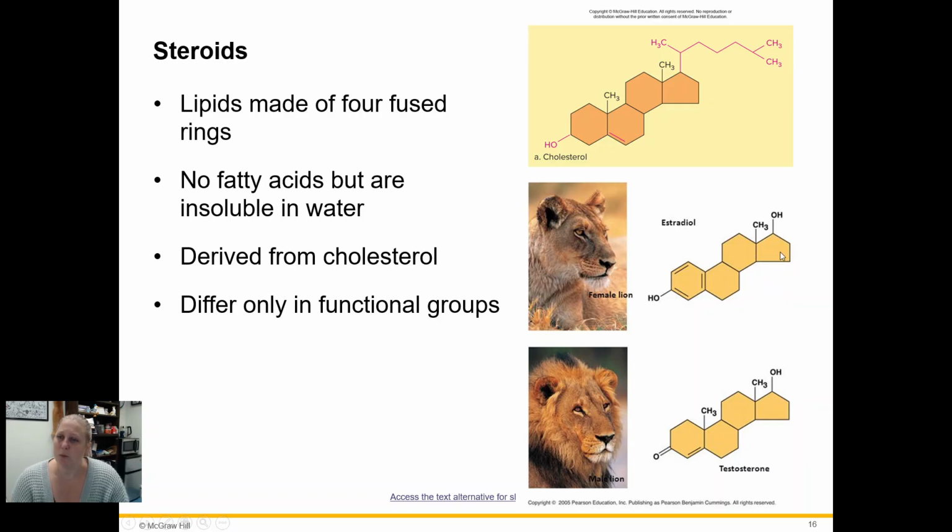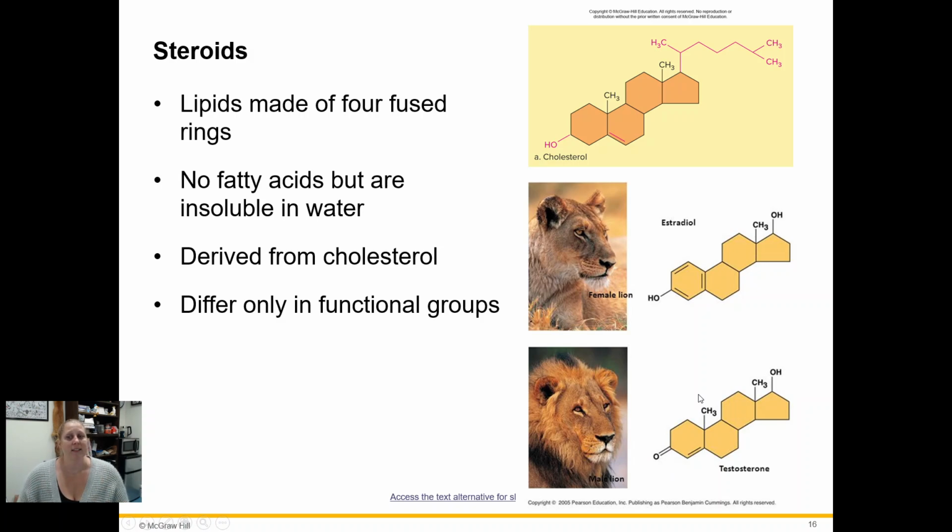What I hope you notice is that really cholesterol is not that different from estrogen, is not that different from testosterone. And when we look at estradiol and testosterone, there are very few changes in that estradiol has double bonds in this first functional group along with a hydroxyl group, whereas testosterone has a double bonded oxygen and then a CH3 group hanging off here.